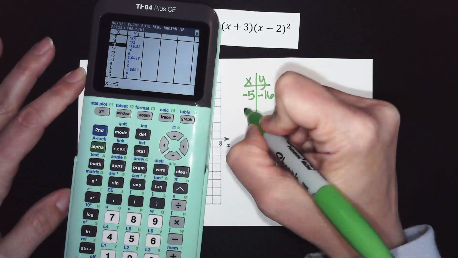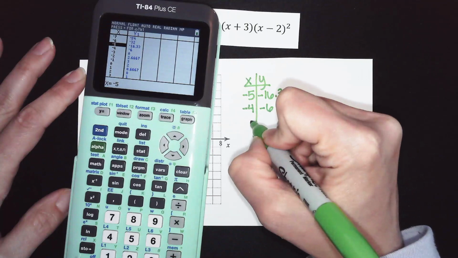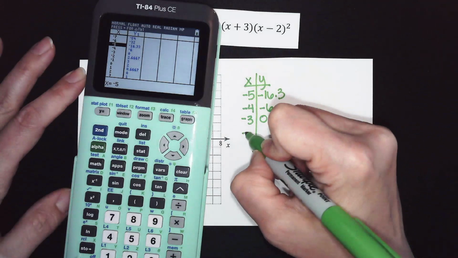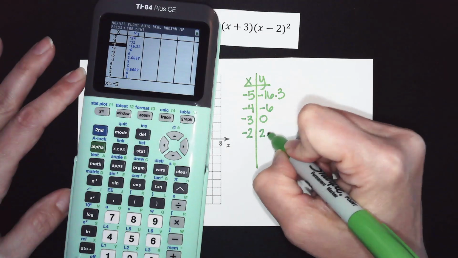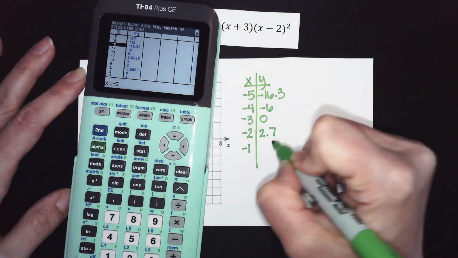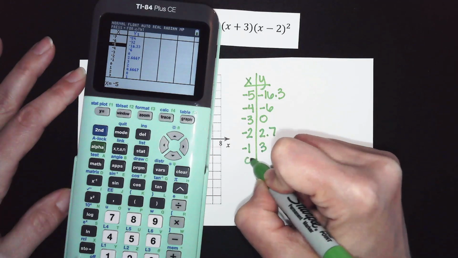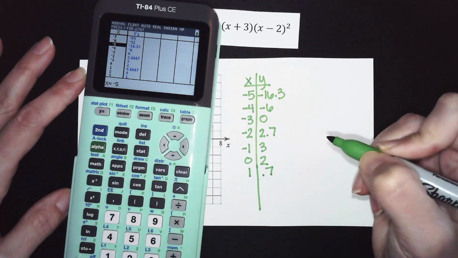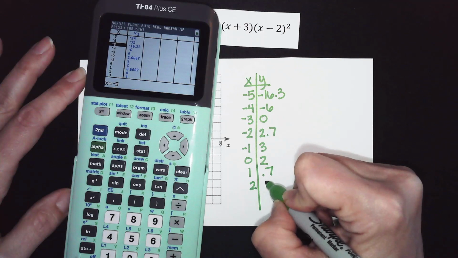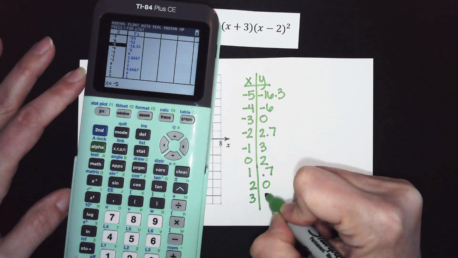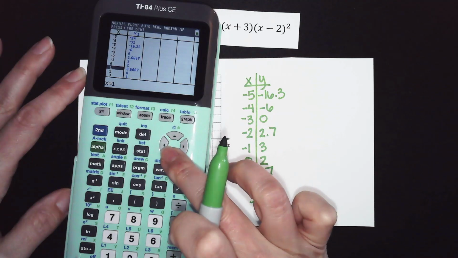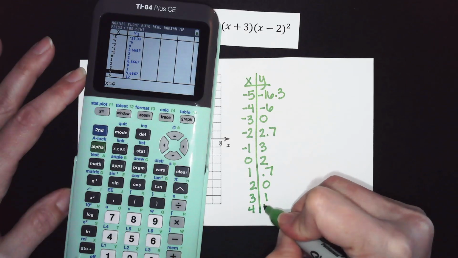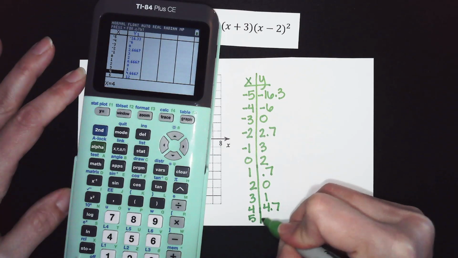Obviously, that's off my graph. -4, -6, -3, 0, which we already plotted because that was an intercept. -2, 2.7, -1, 3, 0, 2, 1, and then it's 0.7, 2, 0, which we already plotted, 3, 1, and I need to scroll down because I'm not off my graph yet. 4, and then it'd be 4.7, and then 5, 12 is off my graph.